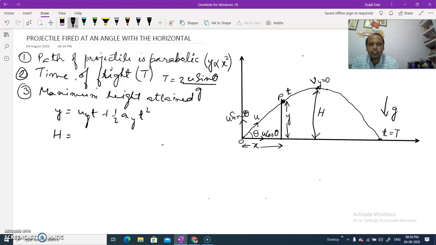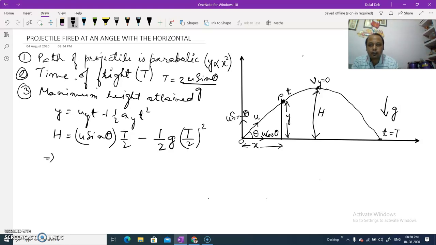Uy, initial velocity along the vertical, is U sin theta, taken as positive. The time to reach the maximum height is T by 2. g will be in the negative direction, that is acceleration due to gravity. Ay will be equal to minus g, so we have taken a minus sign here, and for t we are writing T by 2, half the time of flight.